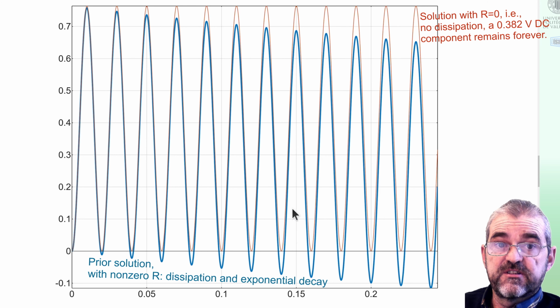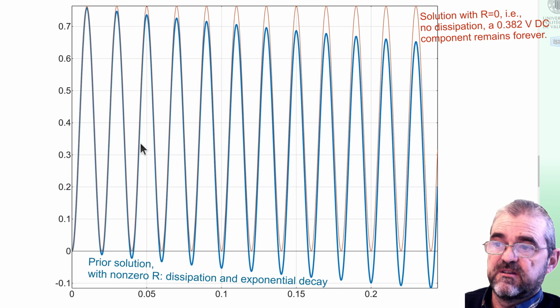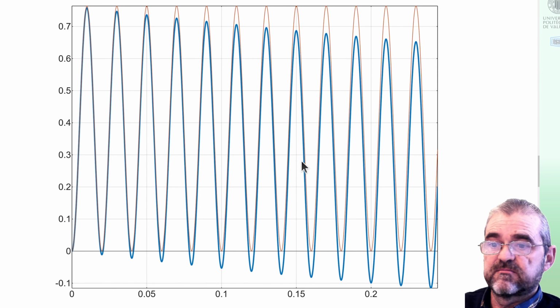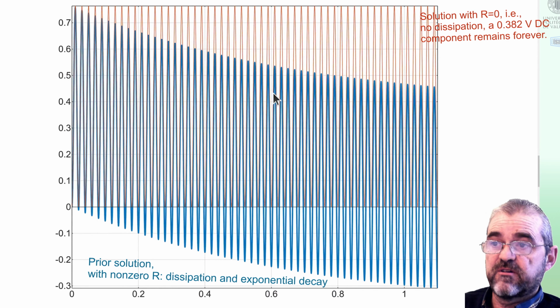And the exponential decay, well, initially starts close to this red curve, but eventually it will decay to being symmetric around the origin.